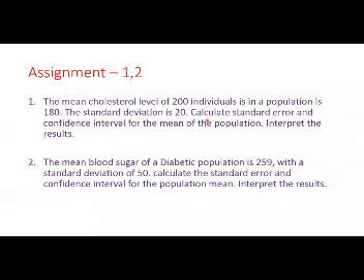Standard deviation is 20. Calculate standard error and confidence interval for the mean of the population and then interpret the results. Assignment number 2. The mean blood sugar of a diabetic population is 259 with a standard deviation of 50. Calculate the standard error and confidence interval for the population mean and interpret the results.